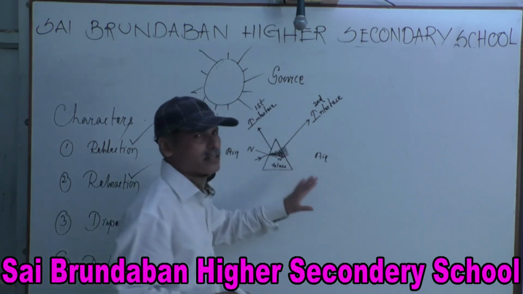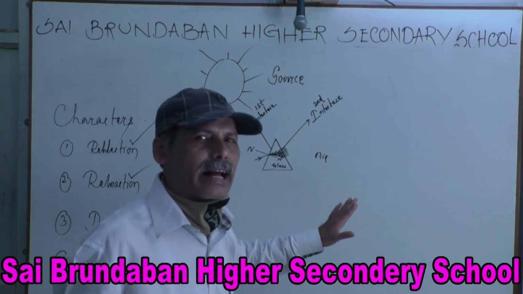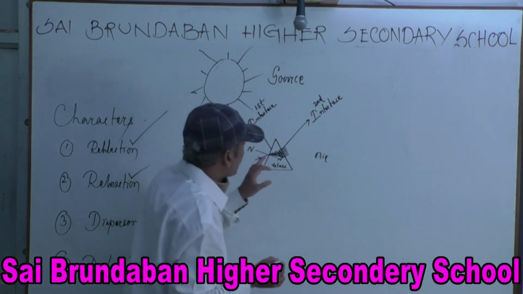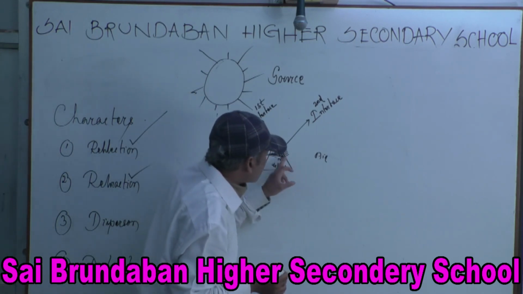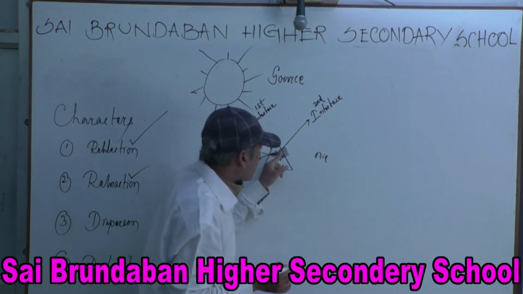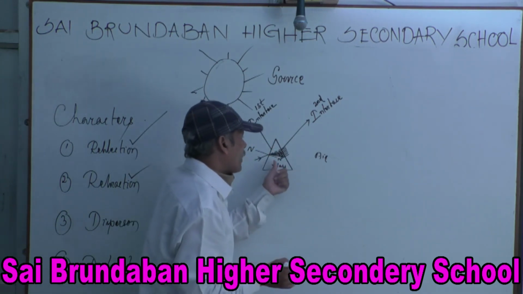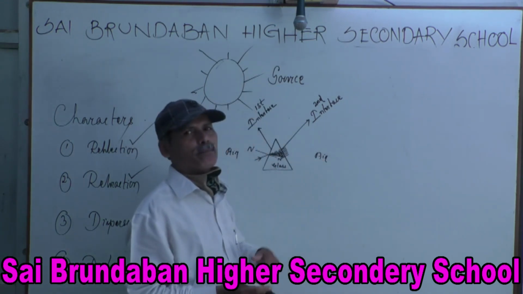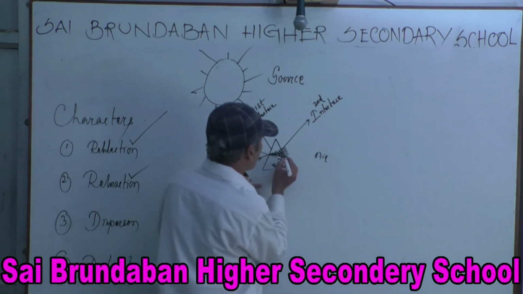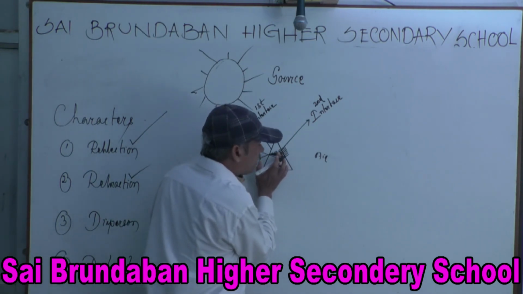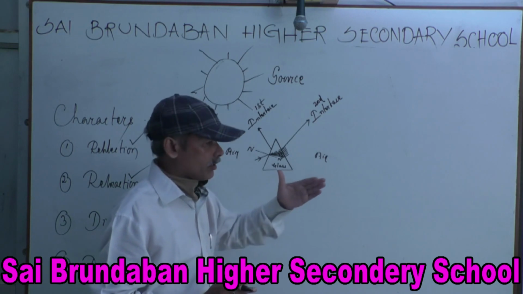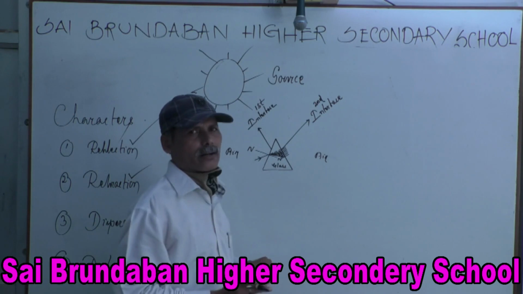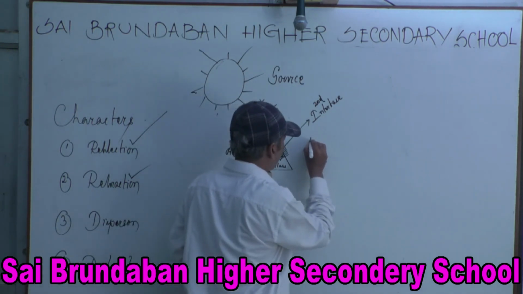Now what happened? At the second interface, the ray propagates from glass to air. That means from denser medium to rarer medium. That's why all these rays move away from the normal. Let's take a screen here.